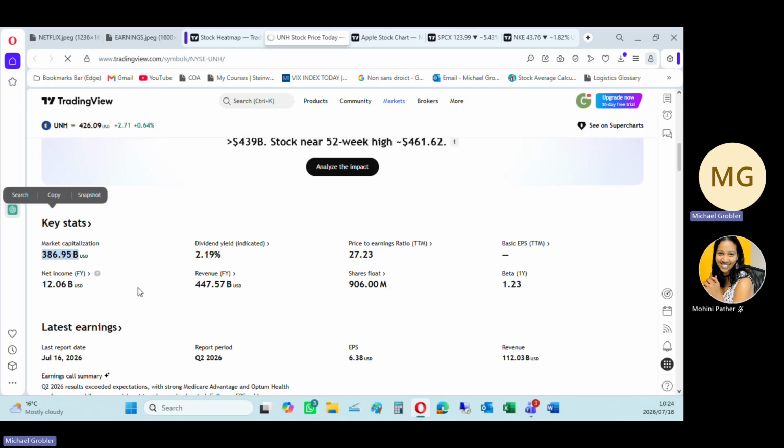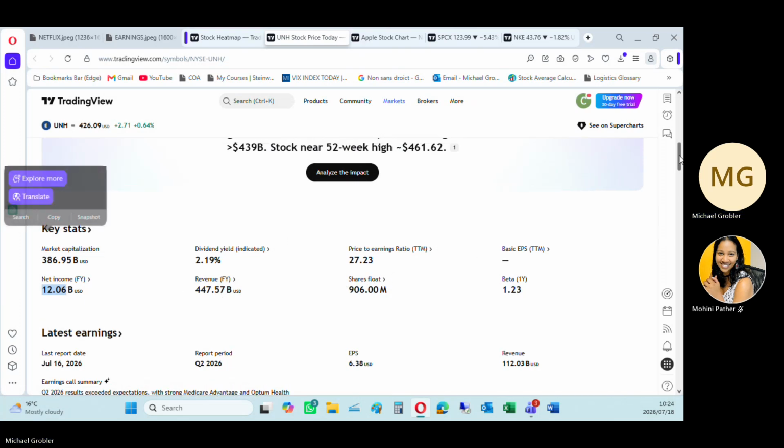So it's not anything close to the IT style companies, but other than IT companies, this is about as big as it gets. Your oil companies like Exxon and stuff, these are in your sort of $500 billion regions. So this is a massive company. It makes a net income of $12 billion, for example.